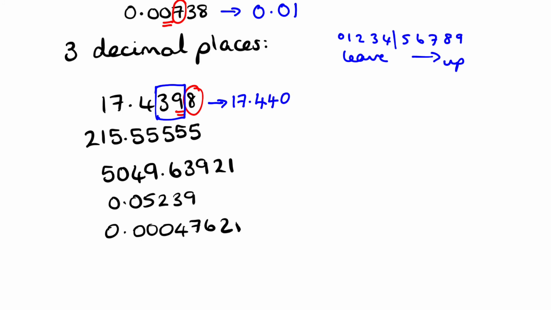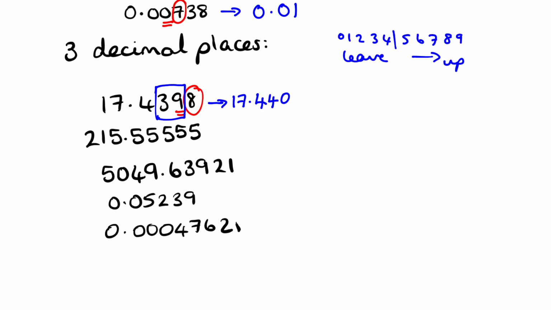Okay, that's a slightly tricky one that I've stuck in there at the beginning. But remember, what we've done there is the 8 told us to round this 9 up. The only way we can round that 9 up is by moving on 1, like when we're carrying numbers when we're adding. Okay, so it became 440, 3 decimal places.